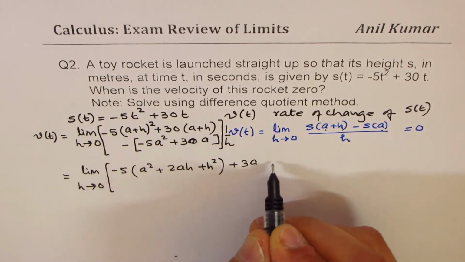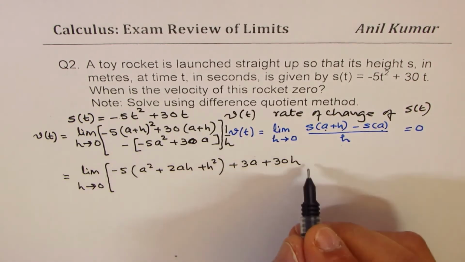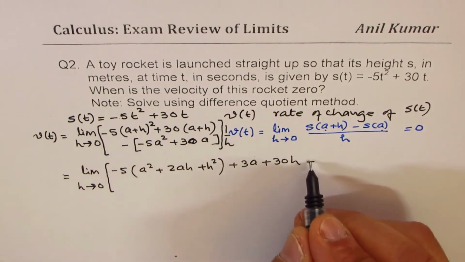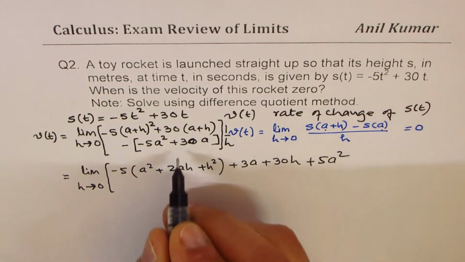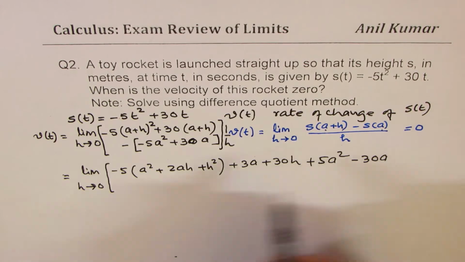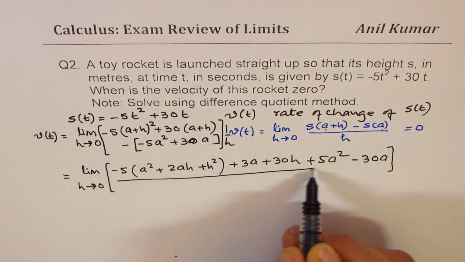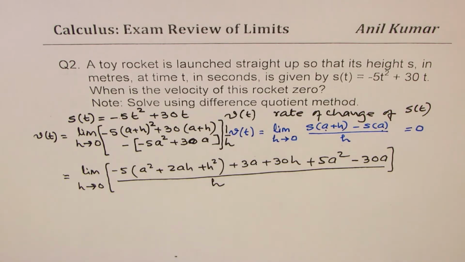We got 30a plus 30h. Let's open this bracket also. Minus and minus becomes plus 5a square. This term will be negative 30a. Is that okay? So all this, right, divided by h. Now, there it goes. Is it clear? So that's what it is.